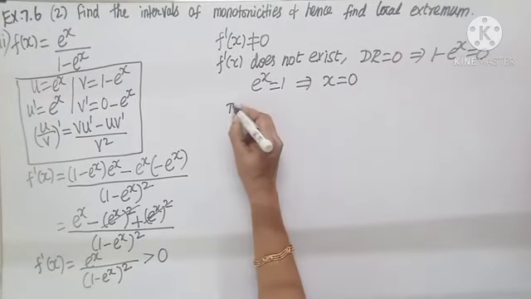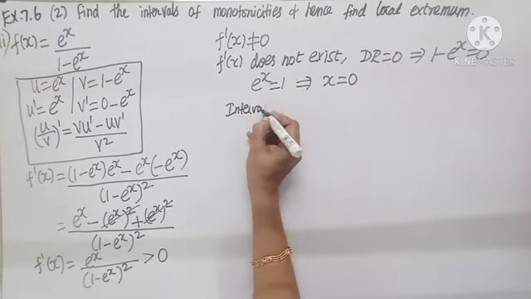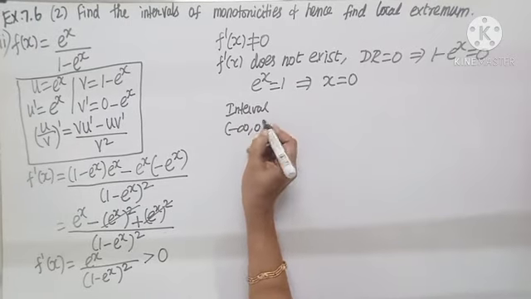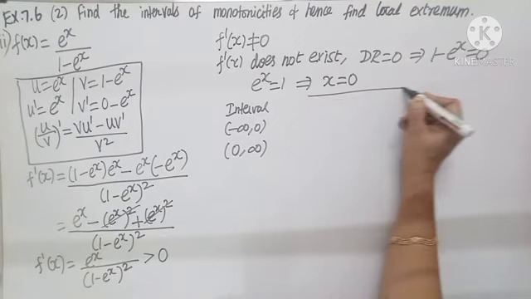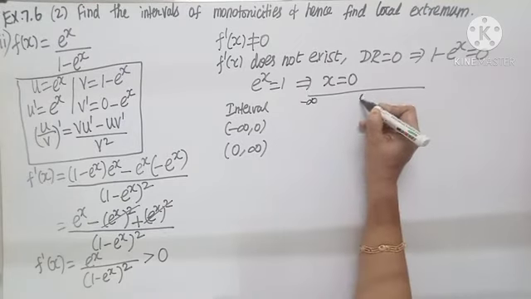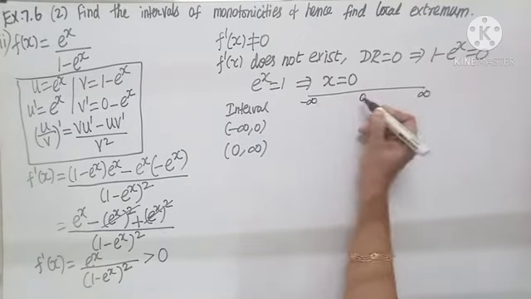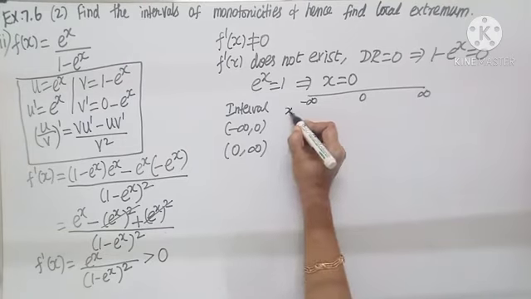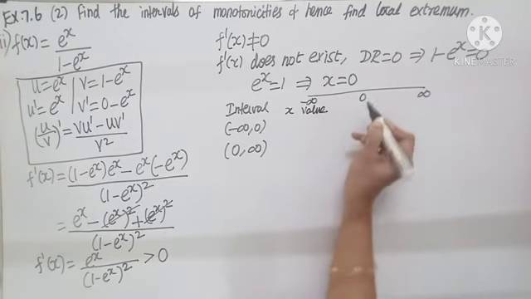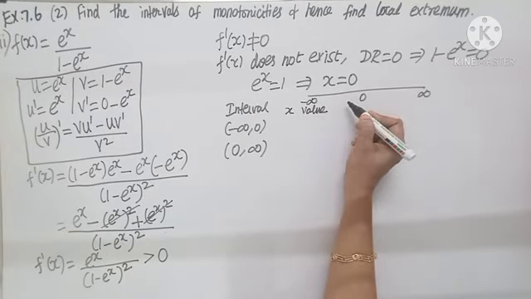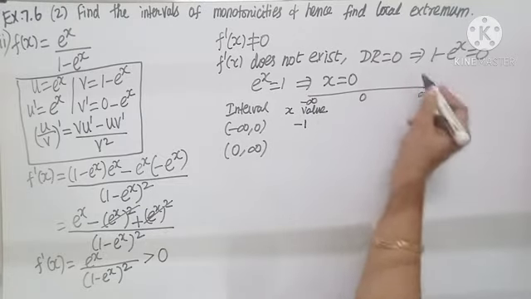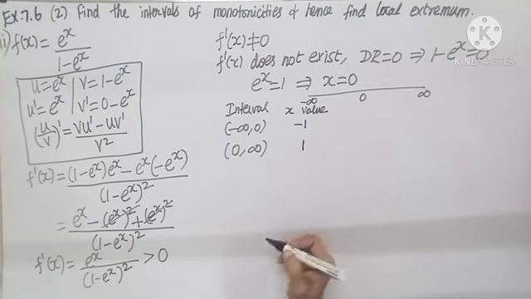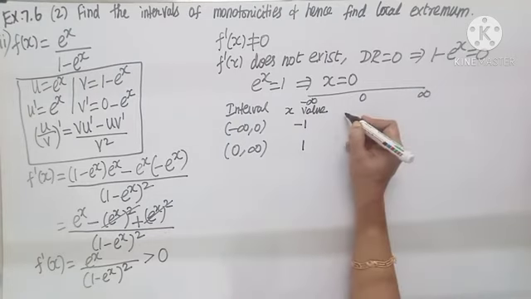So the first interval I can put minus infinity to 0. The second interval 0 to infinity. Minus infinity, 0, infinity. We have the two intervals. X value before 0, I can put some value, say minus 1. After 0, plus 1.